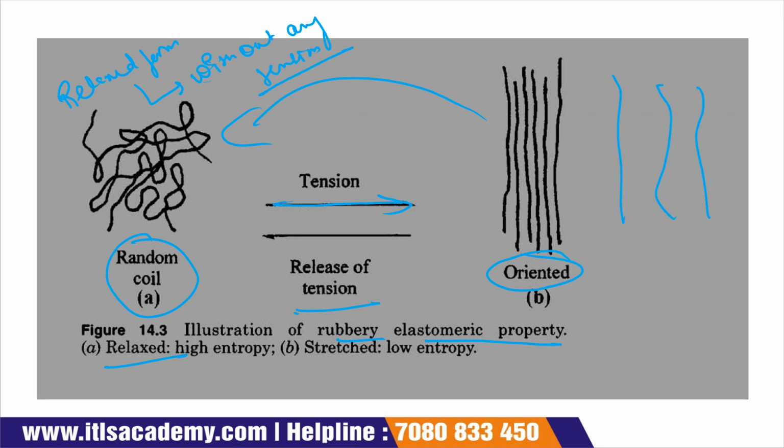When there is no tension, in the relaxed form, the entropy is high. Now B is the stretched form. Here the tension is applied. Now when tension is applied, the relaxed form is converted into a stretched form. Now when it is converted into a stretched form, the entropy becomes low.